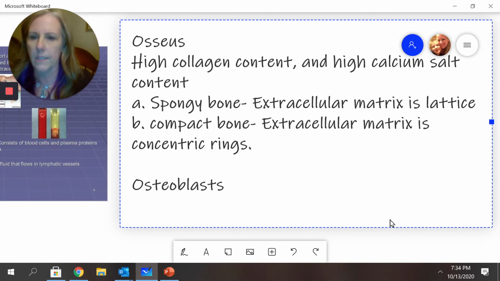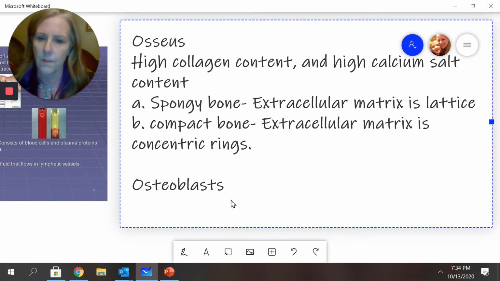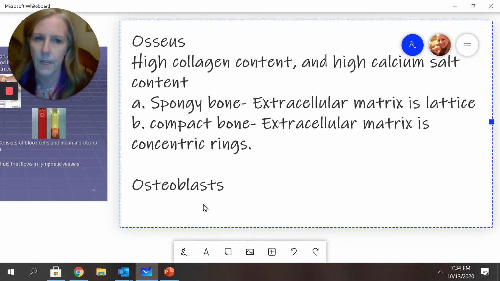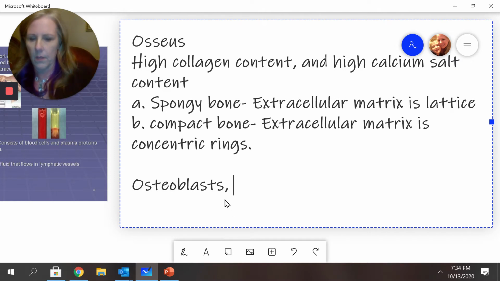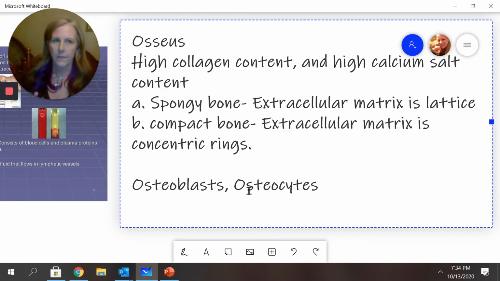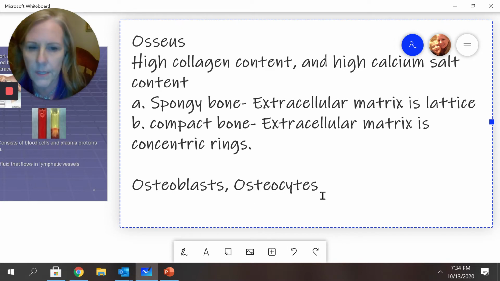Osteo, think osseous tissue. Blast cells are the immature cells. They do all the secreting, and they are making the extracellular matrix. So the osteoblasts secrete the extracellular matrix of either type, and then they mature into osteocytes. Then they're mainly concerned with maintenance and repair of the extracellular matrix.